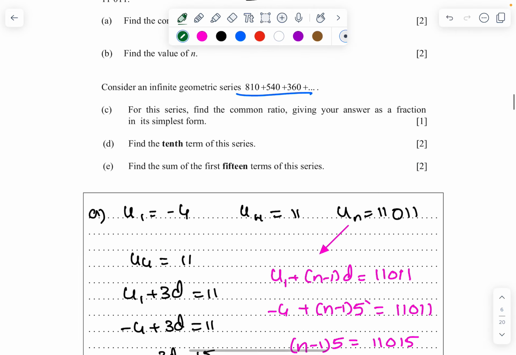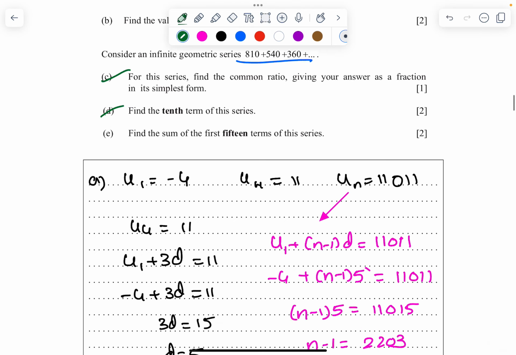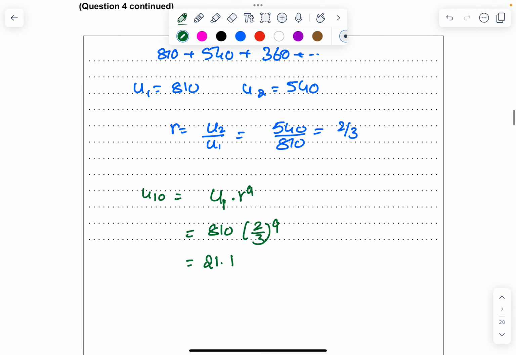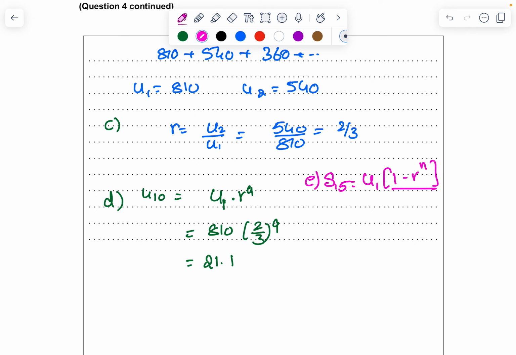That is part C, common ratio and the 10th term. Find the sum to 15 terms. So this one was part C, this one was part D. Now coming to part E. So sum to 15 terms. S15 equals U1 times 1 minus r to the power of n by 1 minus r.